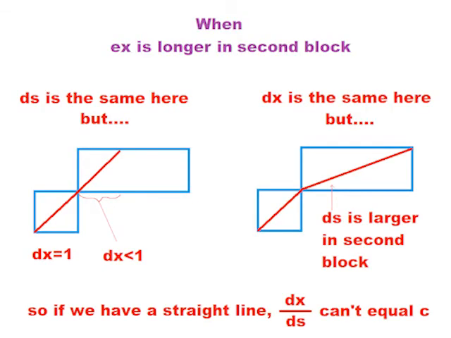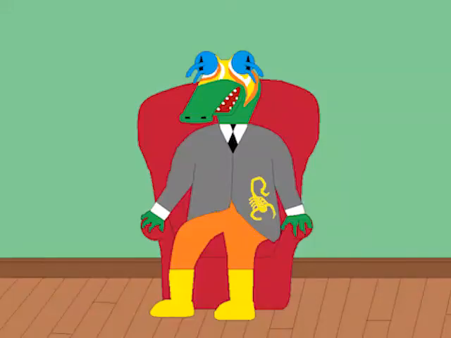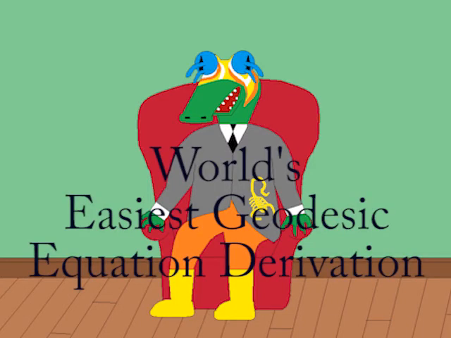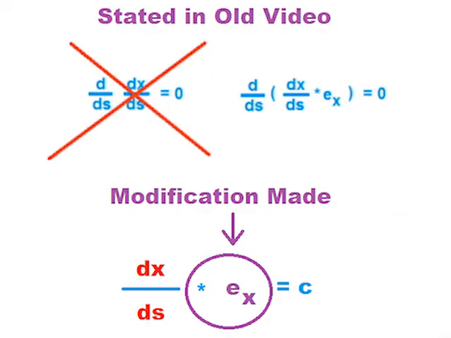It also fails to hold true when the space is warped, so that ey or ex is changed depending on your coordinates. But I found a way to modify it so it did stay true in the video. I claimed that the straightness of the path could be retained by modifying the formula to dx over ds times ex equals c, where ex is the basis in the x direction.